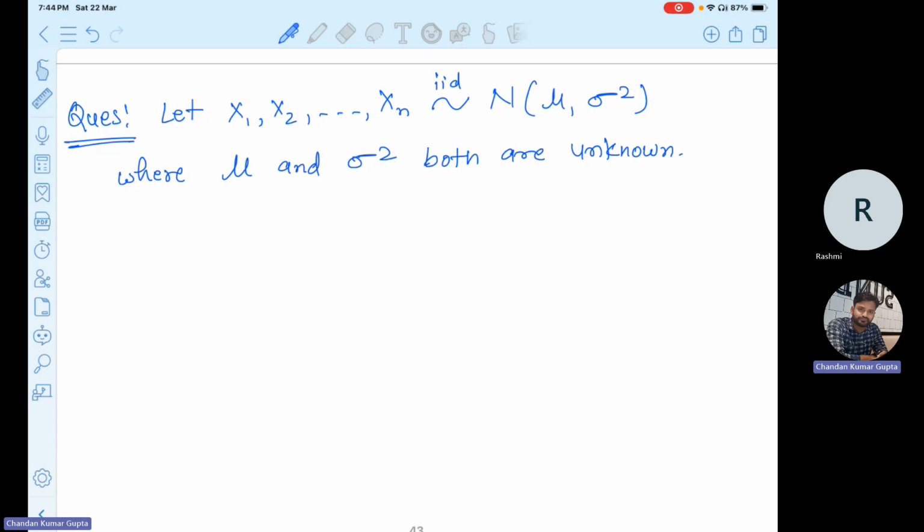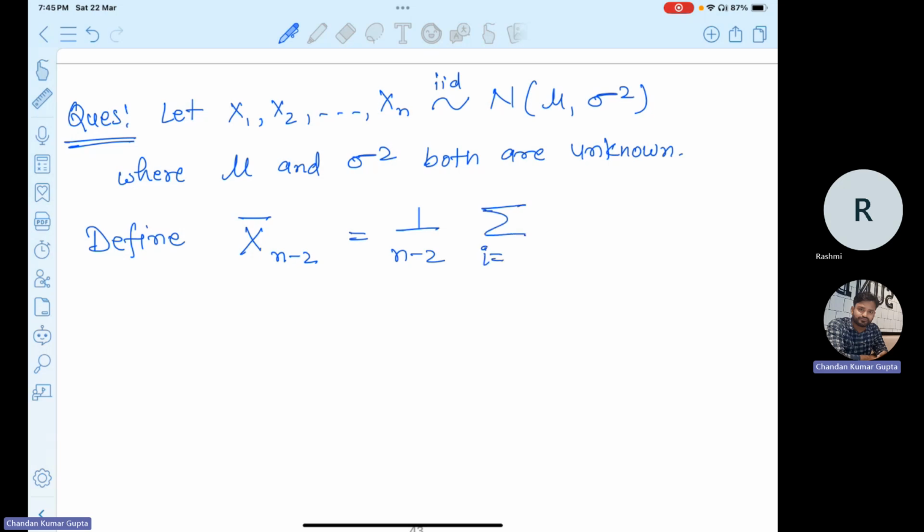Now we define some variables. We define x bar of n minus 2, which is 1 upon n minus 2 summation i from 1 to n minus 2 of xi. It is a sample mean with sample size n minus 2.